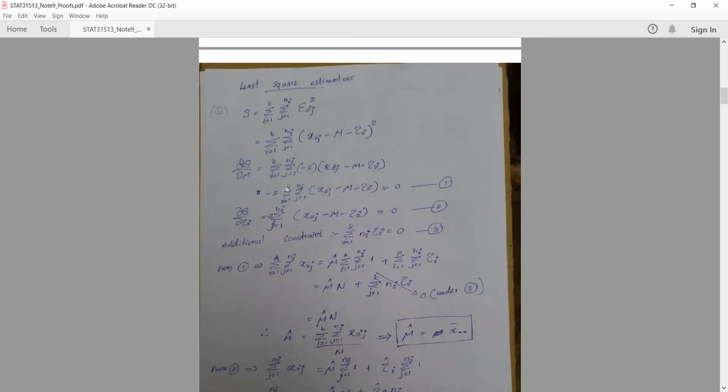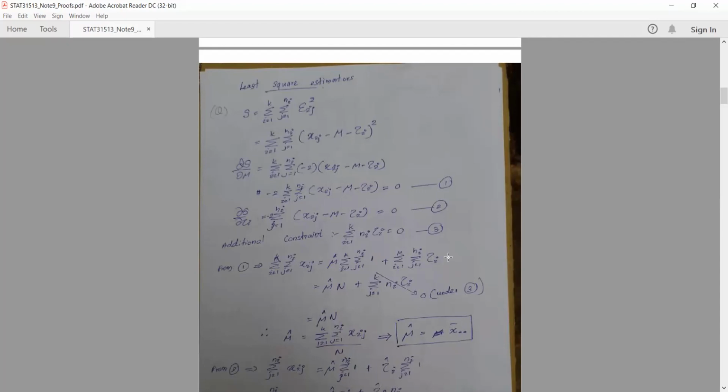Then you have the 2 summations of xij equal to, here you have minus mu and minus tau i, so you can take these 2 terms to the right hand side. In that case, we can write mu times the summation i from 1 to k, summation j from 1 to ni of 1, plus the 2 summations times tau i.